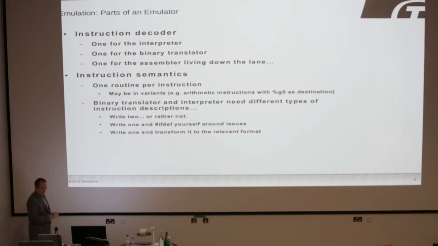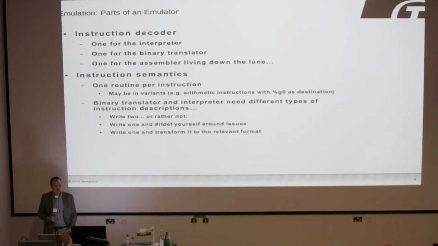Another thing that you might think of is that if you have an interpreter and a binary translator, they might have different types of instruction descriptions or ways to describe the semantics. So how do we deal with that? Well, you can write two, if you want to have both systems in the same emulator.